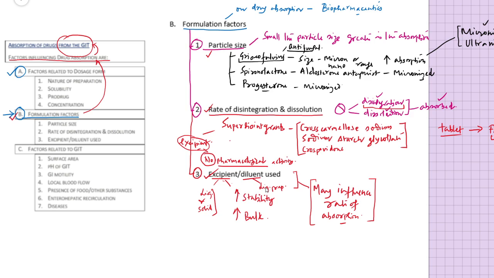Diluents can also be used for solid preparations, like lactose. Lactose could be used as a diluent in tablets. So in all types of formulations, we've got excipients or diluents.